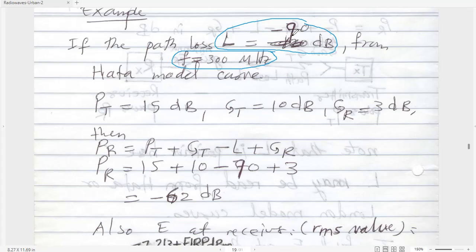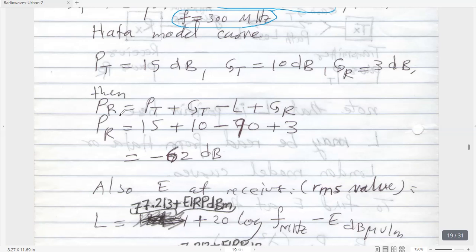This minus 90 dB is taken from Hatta model curve. The transmitter power is 15 dB and the transmitter antenna gain 10 dB, the receiver antenna gain 3 dB. Then P received equal PT plus GT minus L plus GR.